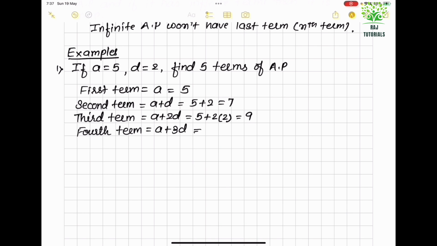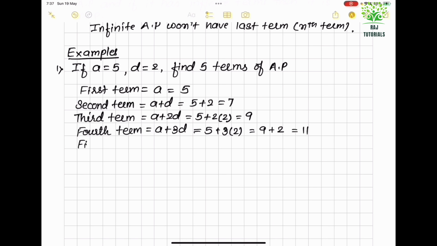See, either I can write it like this, 5 plus 3 into 2, or I can even do it like this, 9 plus 2. Both will be the same. It will be 11. See, 3 2s are 6, 6 plus 5, 11. And 9 plus 2, it will be 11. So both ways I can show the next term.